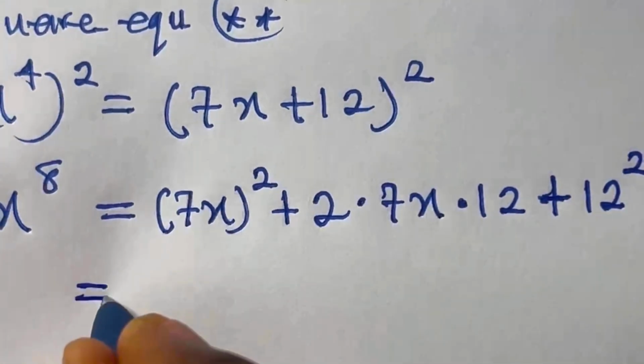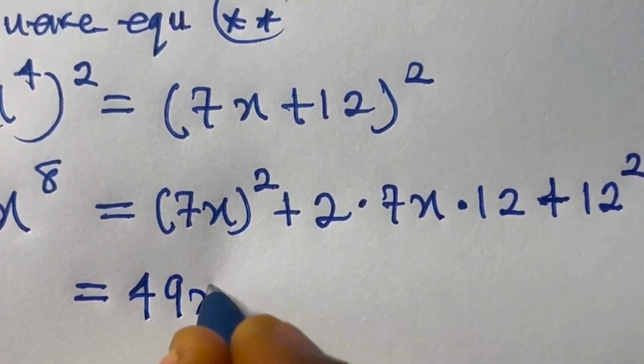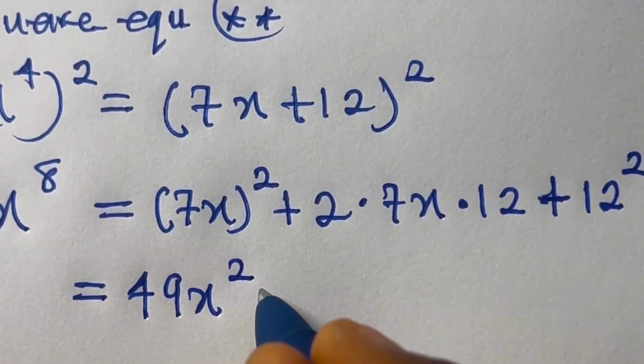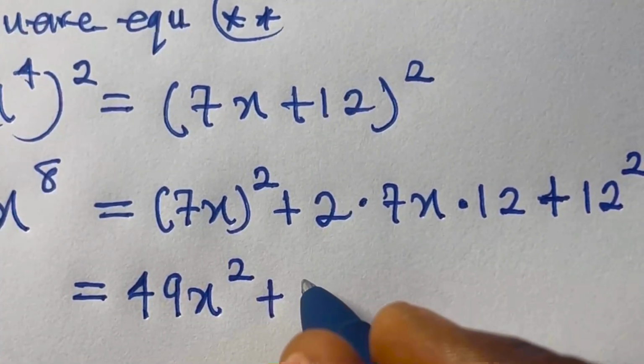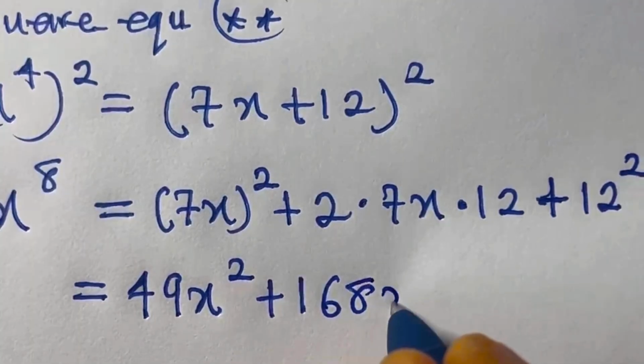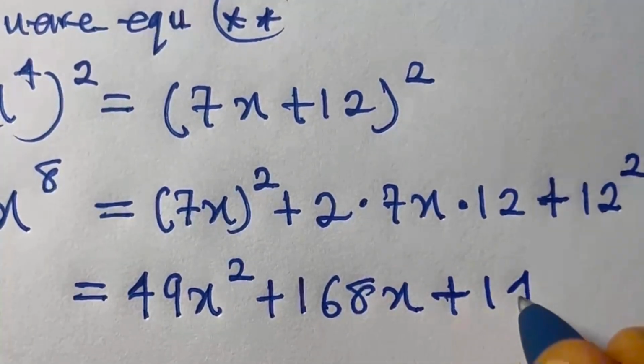So now this will become 49x squared plus 4 times 7x, that's 14x times 12, that is 168x, plus 12 squared will give us 144.